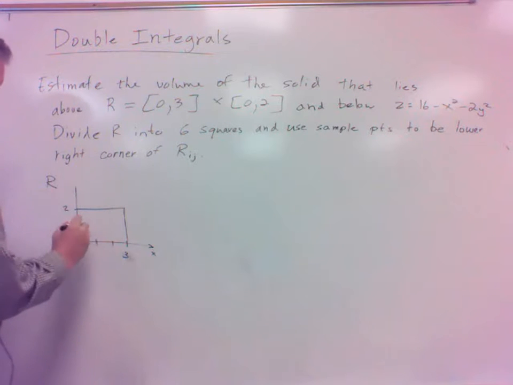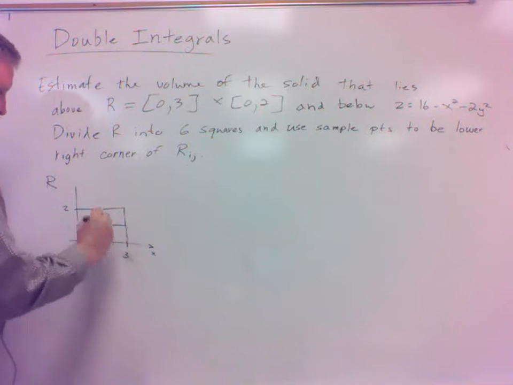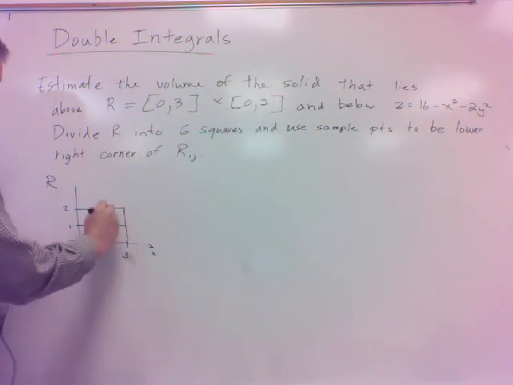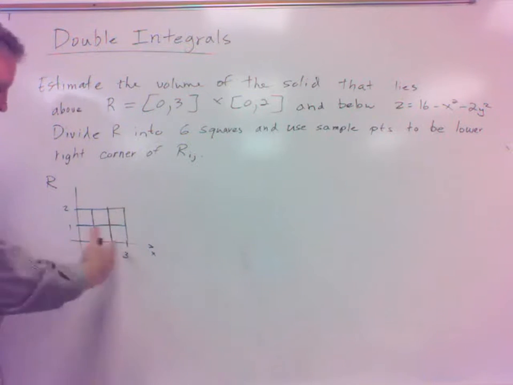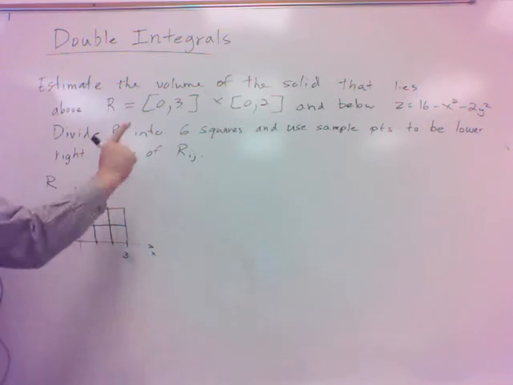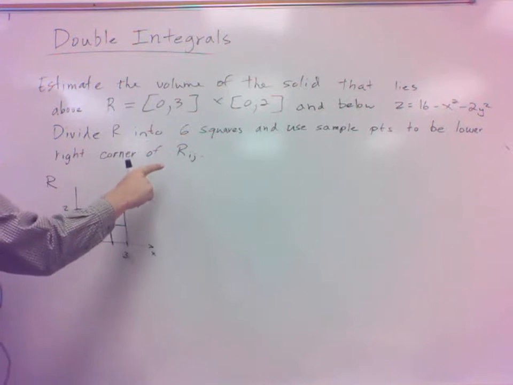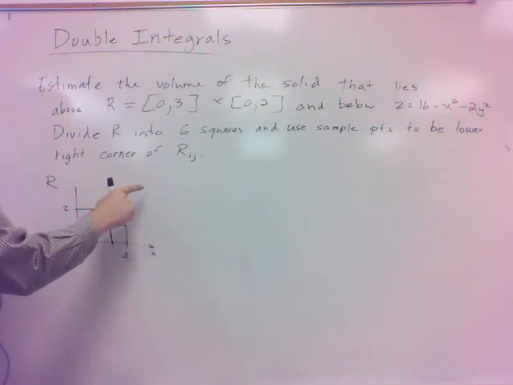So here's what they show then. Let's grid this off because we're dividing up into 6 equal squares, which happens then to be our delta x and delta y are both 1, so that's good. And we want the sample points to be in the lower right-hand corner of each R_ij.